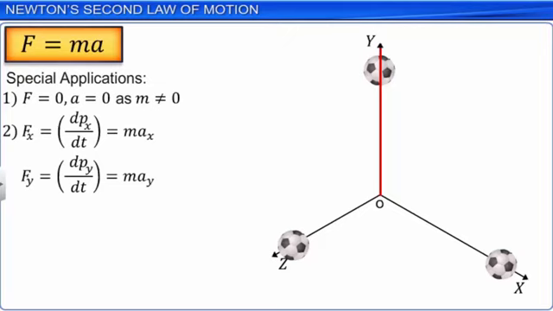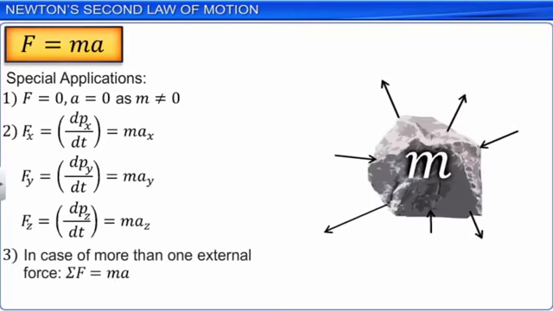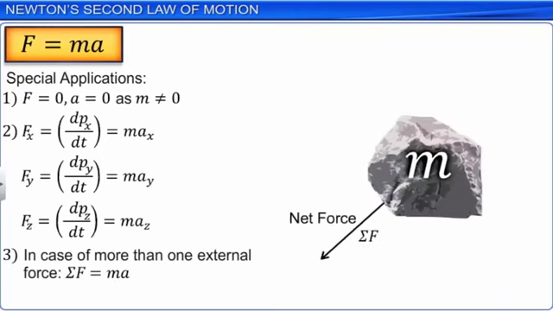Fz is equal to dpz by dt, which is equal to maz. F here stands for external force acting on the body. When a number of forces are acting on a body, we should take the net force in the equation as sigma F equals ma.